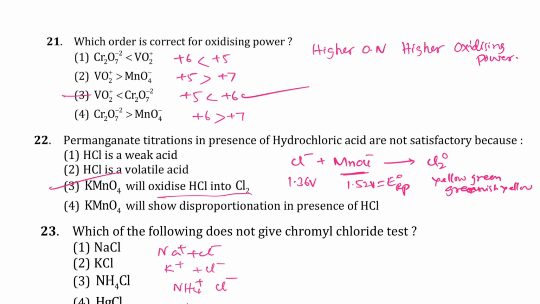Hg generally forms a covalent compound, that's why it does not easily break down. Therefore, the option is the fourth one, and it does not give the AgCl precipitate. Sorry, we are on chromyl. Only when it is present as Cl minus ion does it give the chromyl chloride test, but here it is already bonded with the mercury, that's why it is not possible.